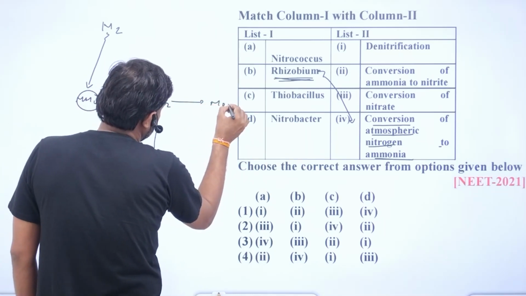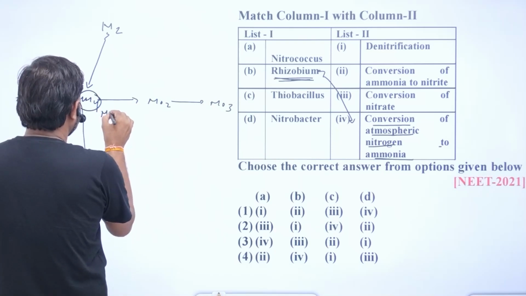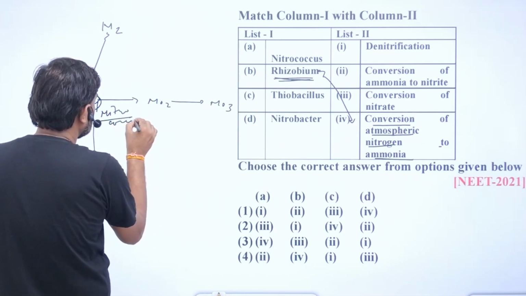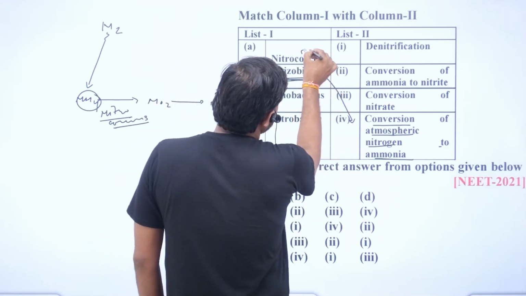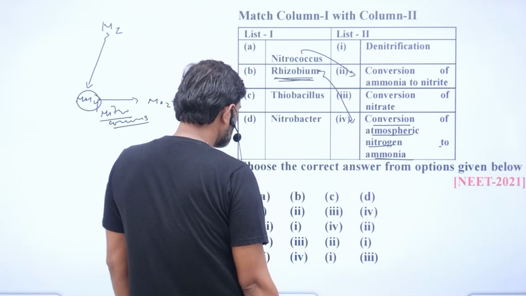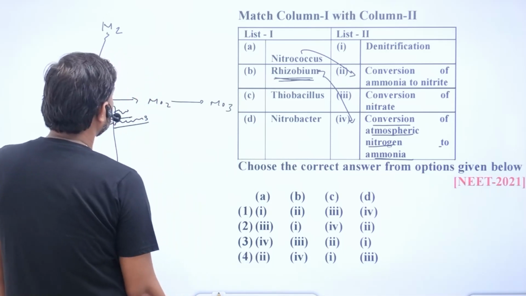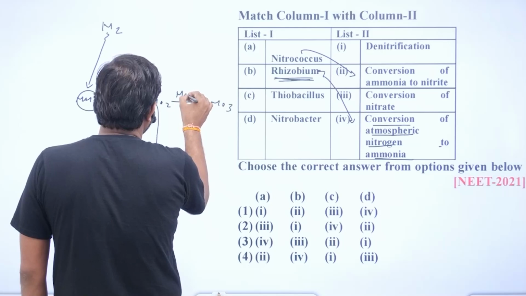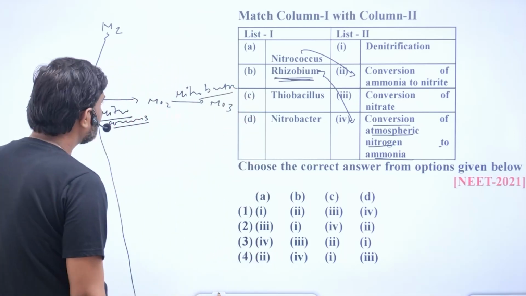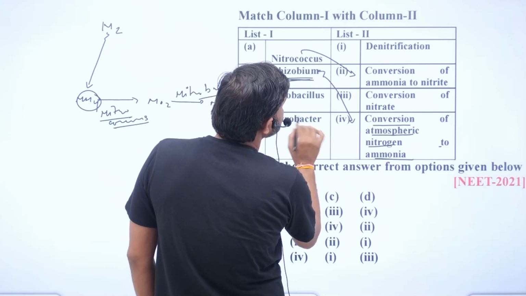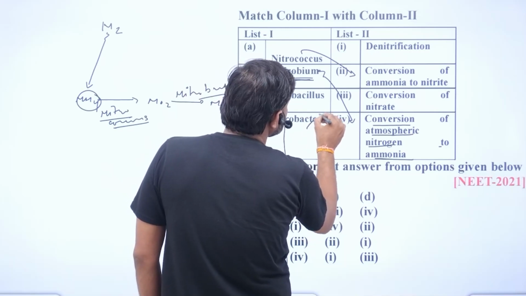Ammonia converts to nitrite through the Nitrococcus bacteria, means first is conversion of ammonia to nitrite. Second, nitrite to nitrate by Nitrobacter bacteria.